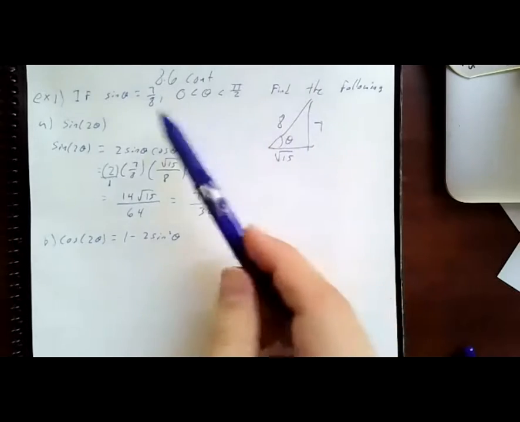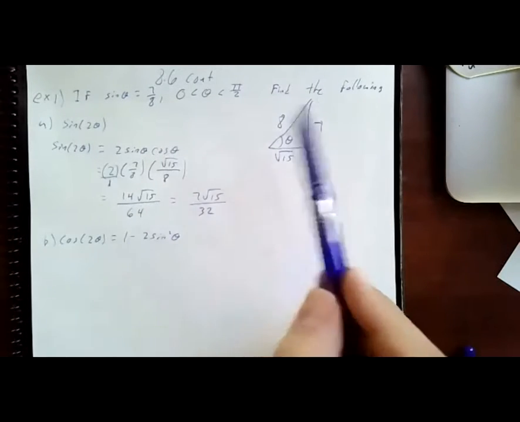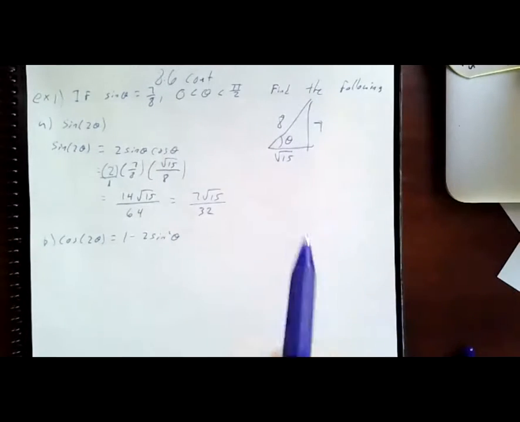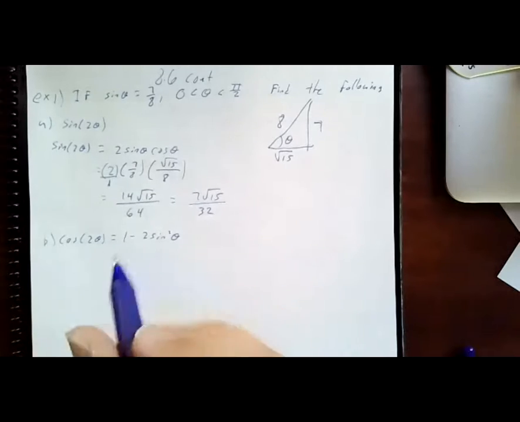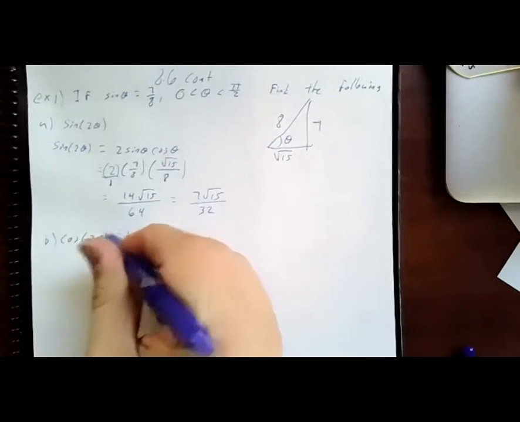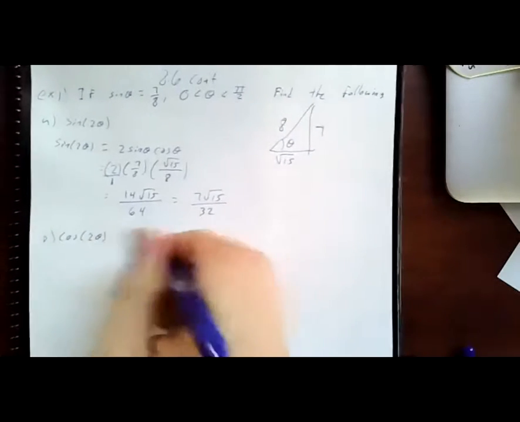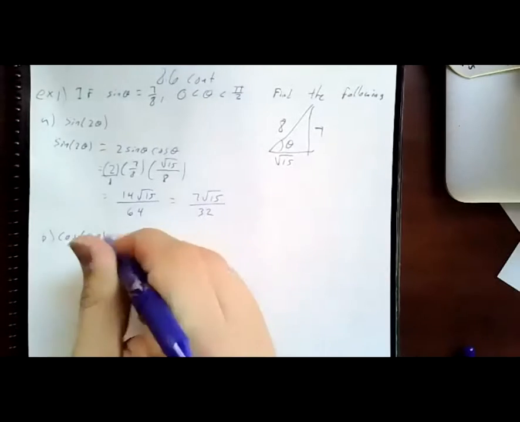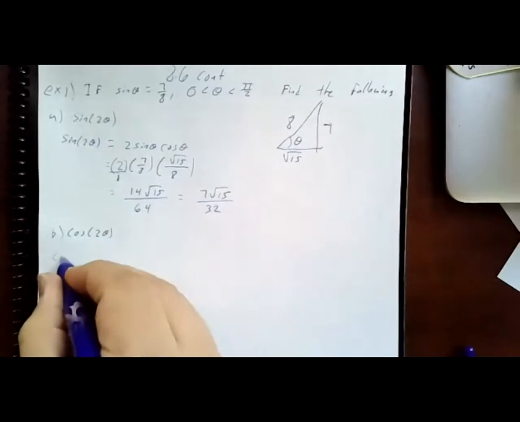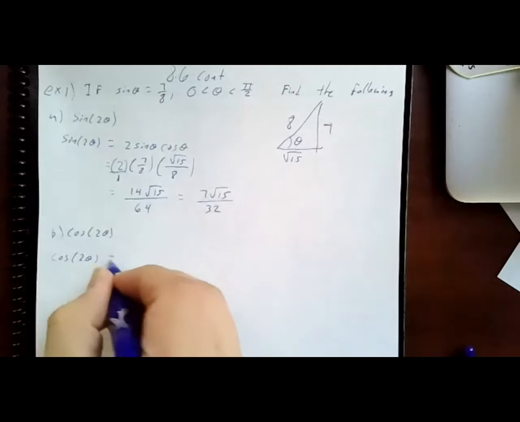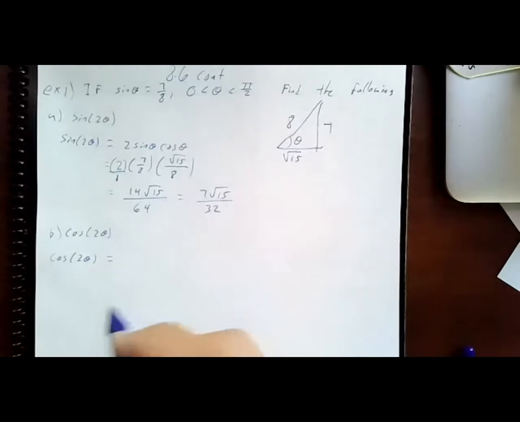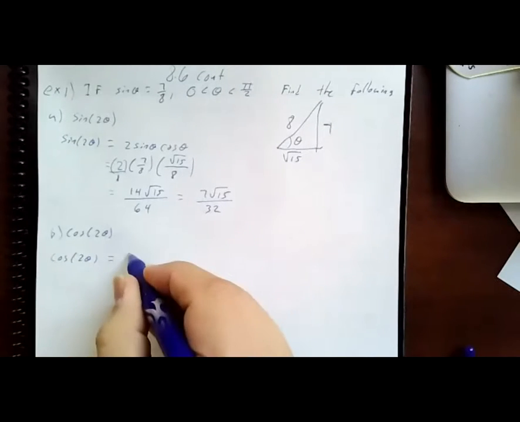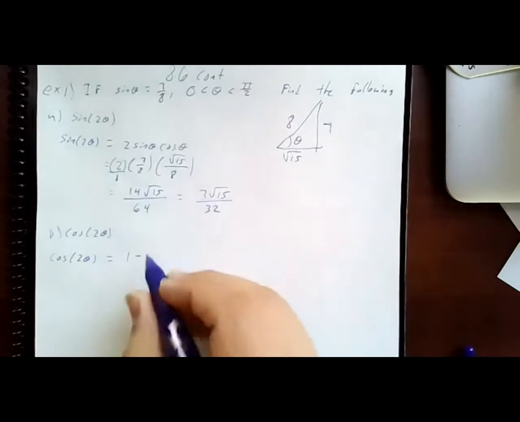Okay, so this is the same information for part B, so we can still use this triangle to help us out here. Oops, I skipped a part. Find cosine of 2 theta, which means we need to use the double angle, and there are 3 different ones. I'm going to use the one with sine because that's what they gave us.